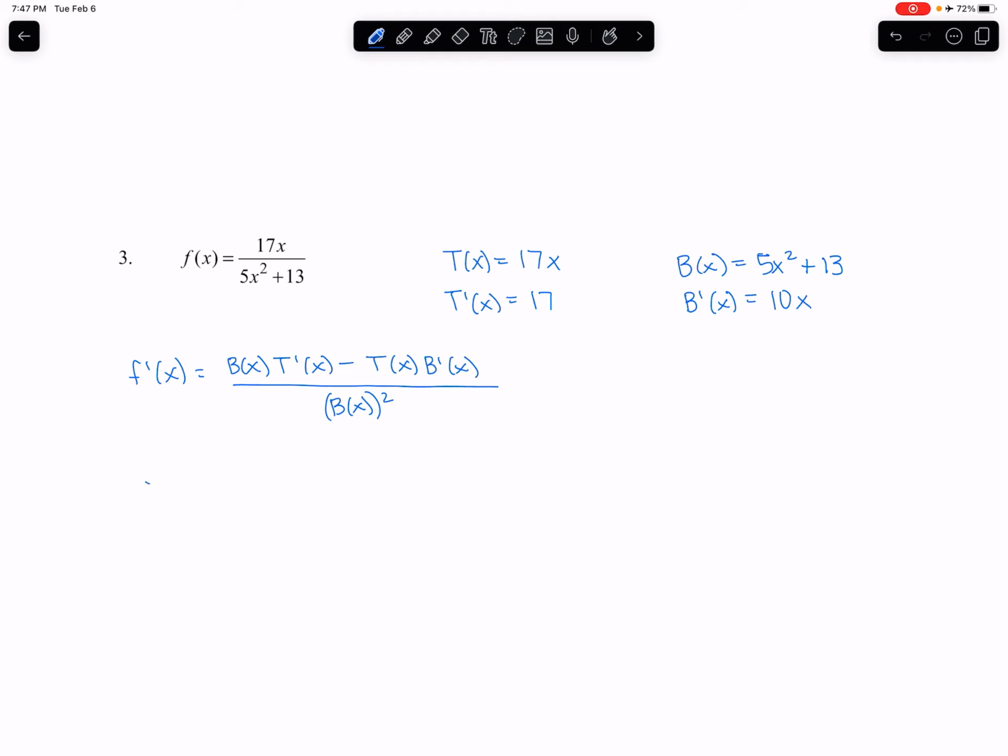So what this will give us is the bottom, 5x squared plus 13, times the derivative of the top, 17, minus the top, 17x, times the derivative of the bottom, 10x, all over the bottom squared, 5x squared plus 13 squared.